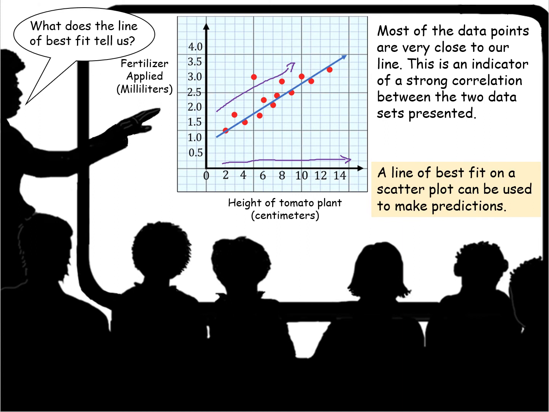So we could predict that if we applied, let's call it right here, 3.75 milliliters of fertilizer, if we went along that line, then if we just extended our line of best fit, we'd have a point approximately here, and we could predict that our plant would be approximately 15 centimeters.